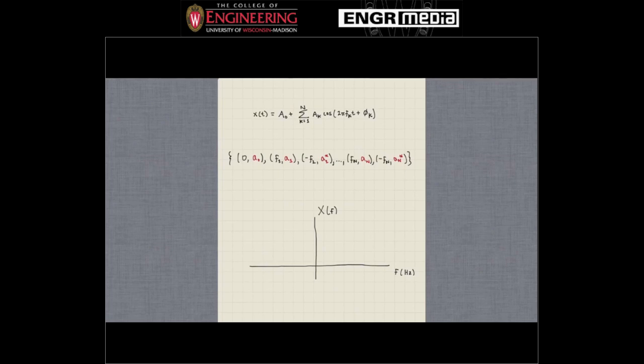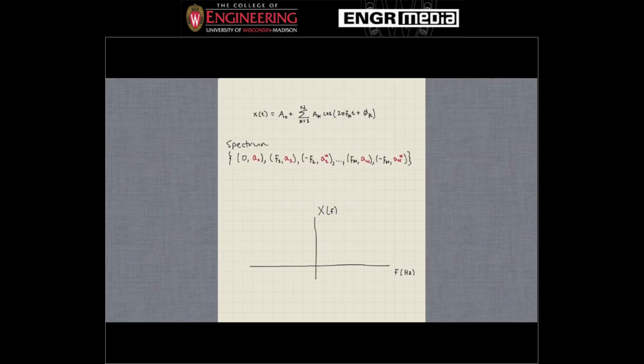So we have this signal x of t, which we can represent as the sum of a number of sinusoids. And we can represent that using a list of the complex amplitudes of the sinusoids and their corresponding frequencies, right? And that's the spectrum, okay? This is the spectrum of the signal.